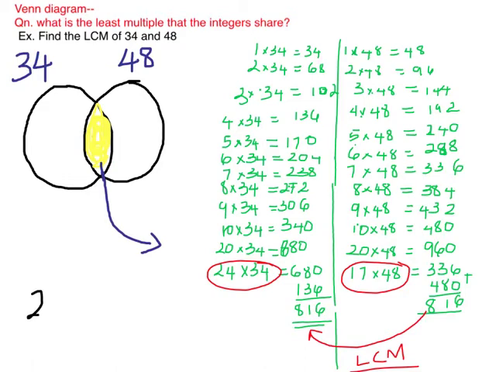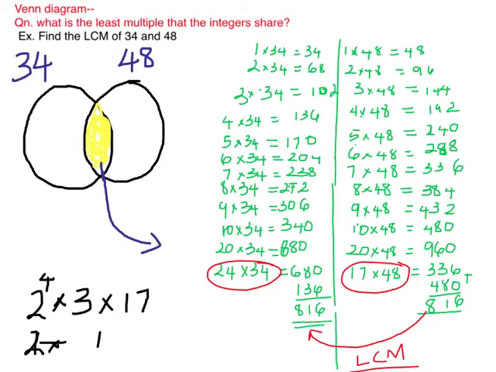When we have 2 to the power of 4 times 3 times 17, in the previous method, what do we get? 2 to the power of 4 is 2 times 2 times 2 times 2, that's 16.